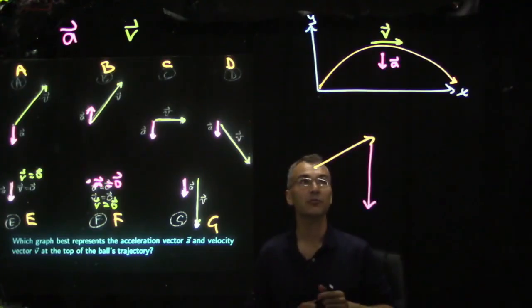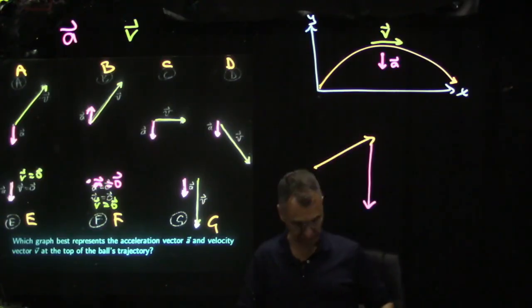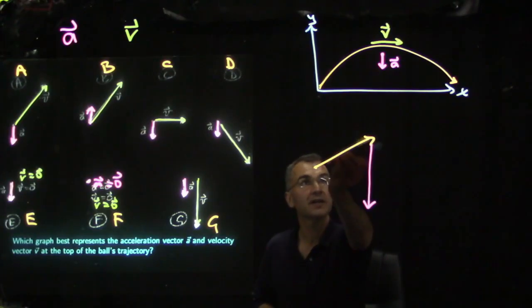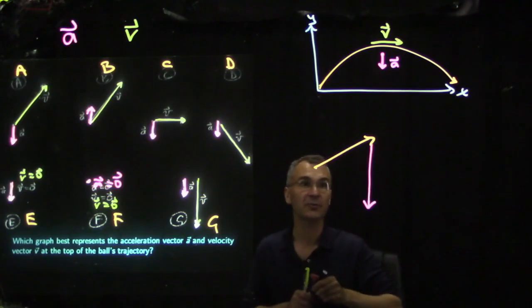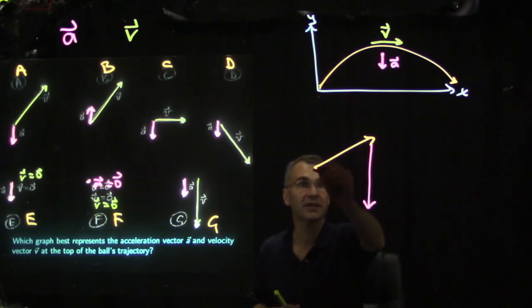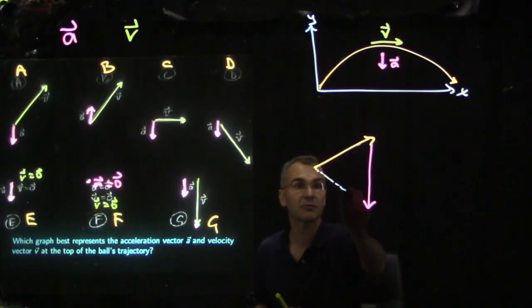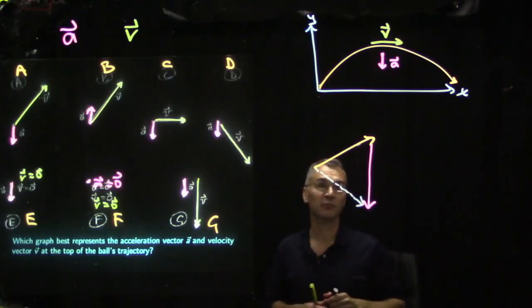Let me just say that last point again. The velocity vector, the instant before it reached its apex, was pointing up and to the right. I'm exaggerating how up it was, but it's up and to the right, and then you want to turn it into something that points down and to the right. And if you add something that points straight down to something that is pointing up and to the right, the result, when you combine these arrows tip to tail, is something that points down and to the right.